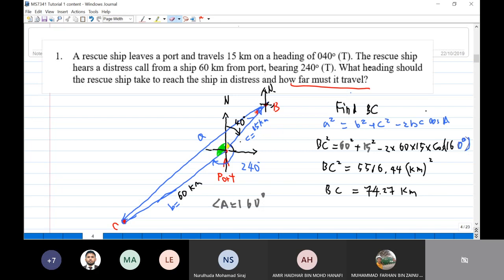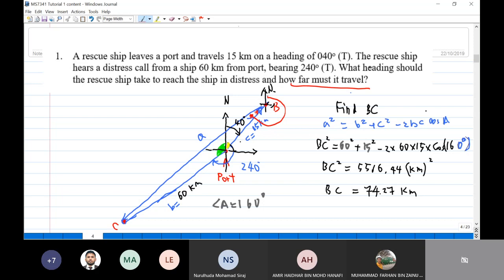The direction is actually this direction. Let me show you. This is the direction the rescue ship must go. That means the rescue ship must go this way to reach the ship in distress.